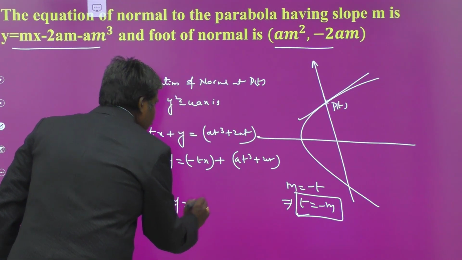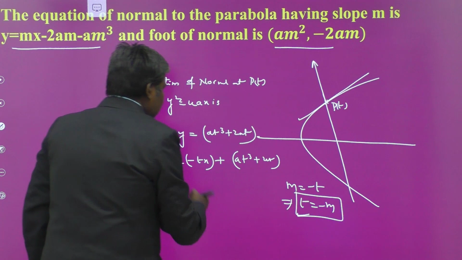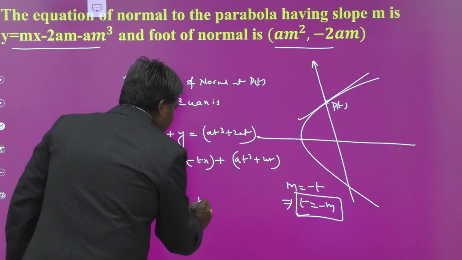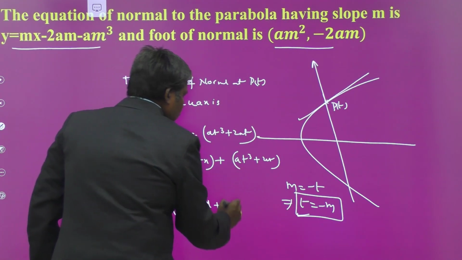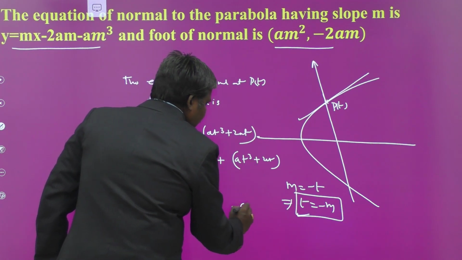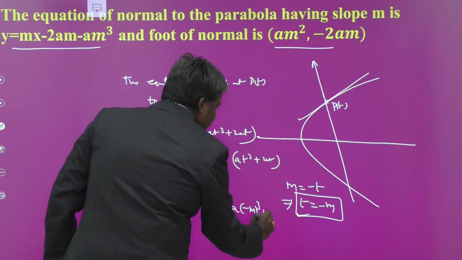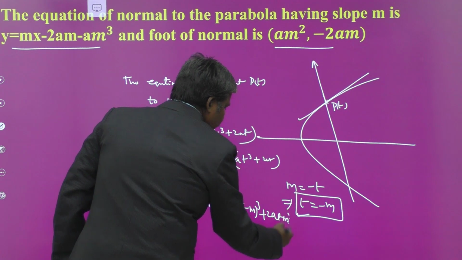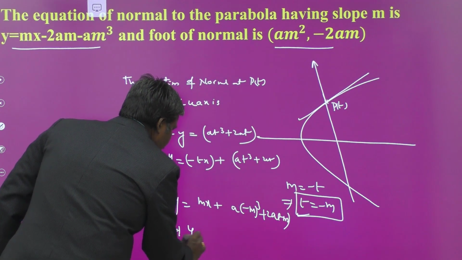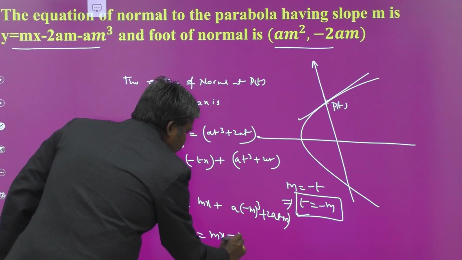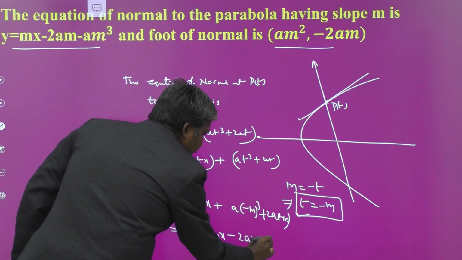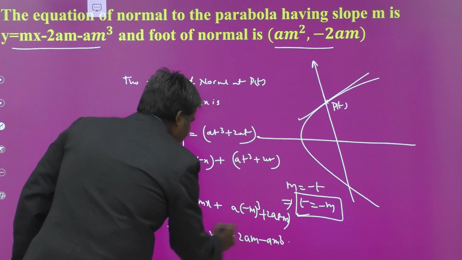So y is equal to mx plus a into (minus m) whole cube plus 2a into minus m, implies y is equal to mx minus 2am minus am cube.